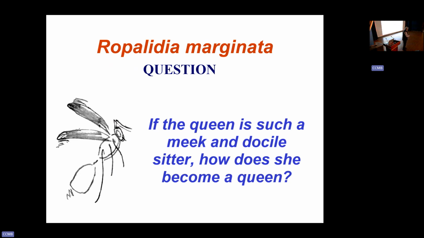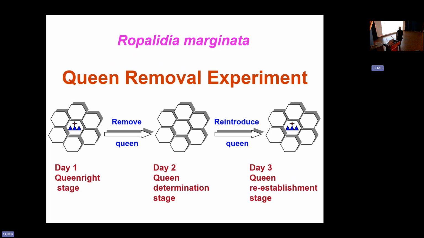So we designed an experiment which lasted 3 days. On day 1, we had a normal colony with the queen and the workers all individually marked and all studied for the whole day. And studied means what? You have this data matrix with proportion of time spent by each wasp in each behavior, number of times each behavior is performed by each wasp. You get this data over a whole day period.